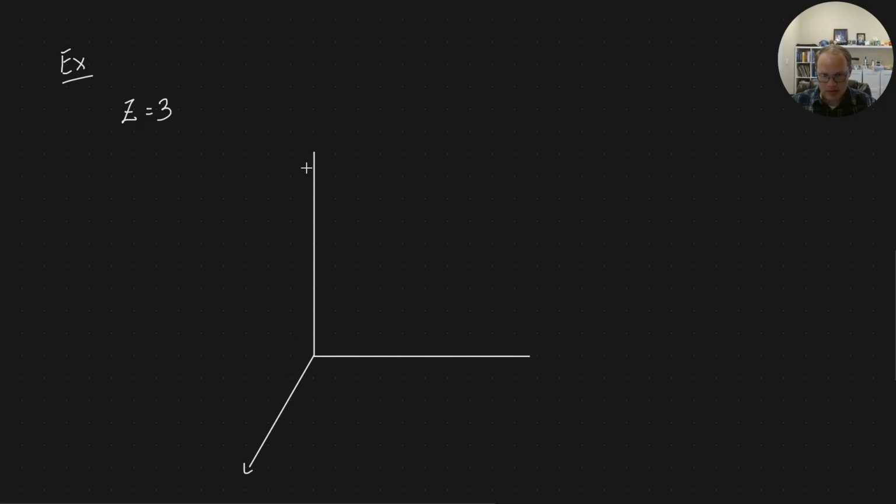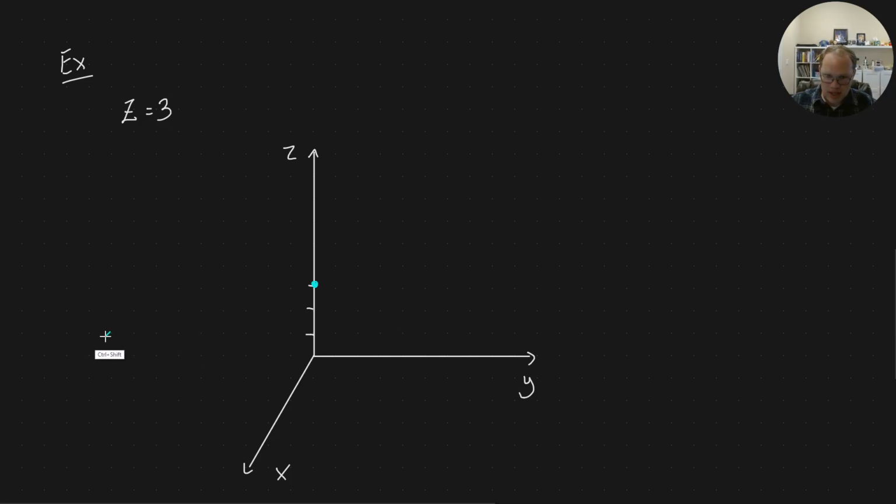One more. What if I just set z equal to a constant? Well, in this case, it's exactly like setting z equal to a constant using rectangular variables. The z is fixed, but the other variables could be anything. X, Y, z. Z equals 3 is like right here. So as long as I'm at that level, I'm good. I can stretch out as far as I want because the radius could be anything. I could go in whatever direction I want because theta could be anything.